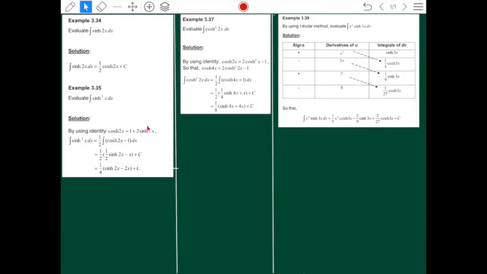As for the 2, since it is multiplied with hyperbolic sine, we bring it over too, and it becomes half. So you can straight away integrate this. It becomes half hyperbolic sine 2x, and you integrate 1 to get x. This can be your final answer, or if you want to simplify it further, it will become like this.